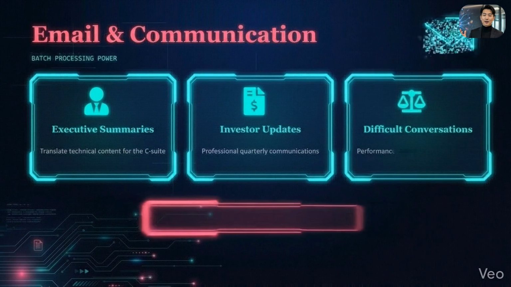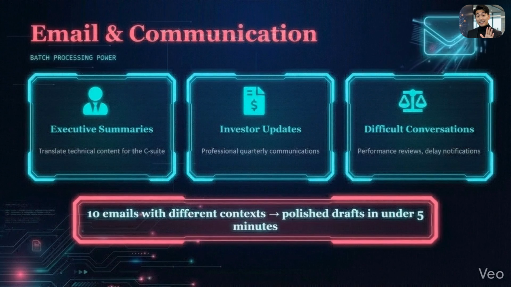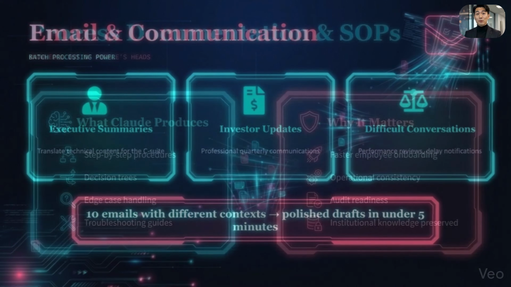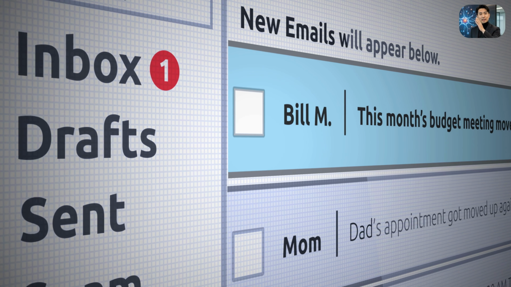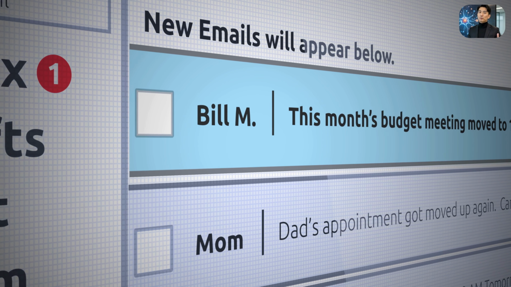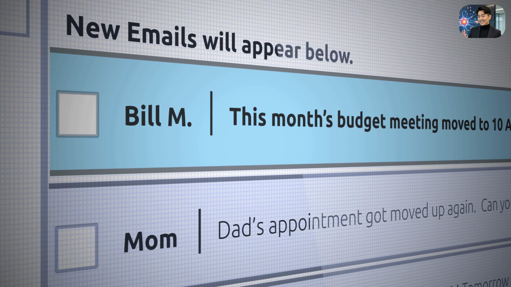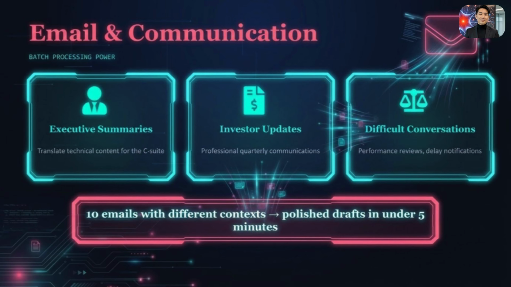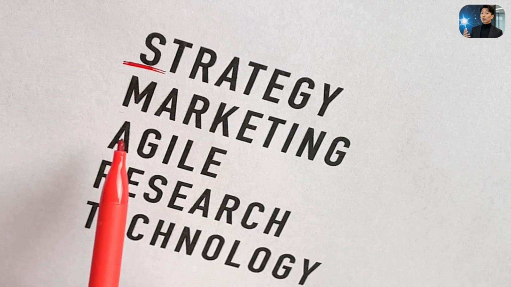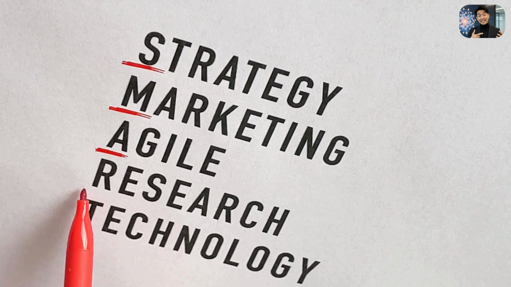Here is a use case that delivers immediate ROI: email and communication management. Claude can draft professional emails in seconds. But beyond simple drafting, it can adapt tone for different audiences, translate technical content into executive summaries, prepare board communications, write investor updates, and even craft difficult conversations like performance reviews or project delay notifications.